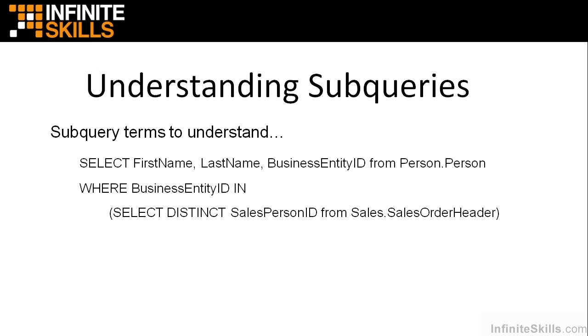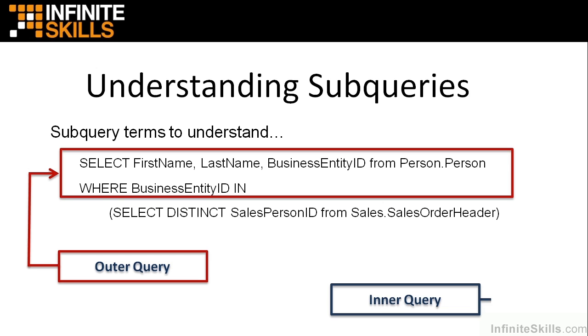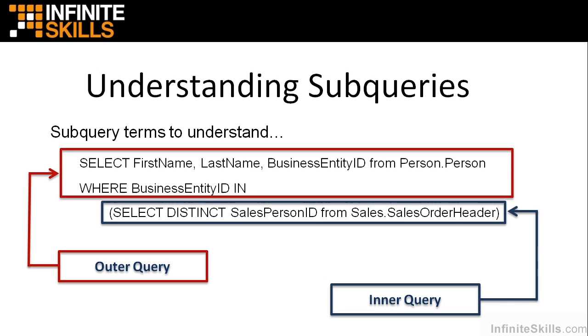Now, here are the two terms you need to understand. First of all, the outer query is that top query. It is the one that's consuming the data from the subquery. The actual subquery is the inner query. Now, the inner query has parentheses around it. Make sure you burn these two words into your brain and you understand the position of these things.